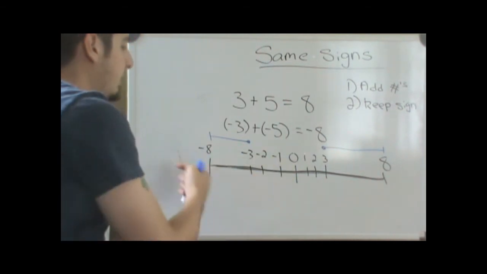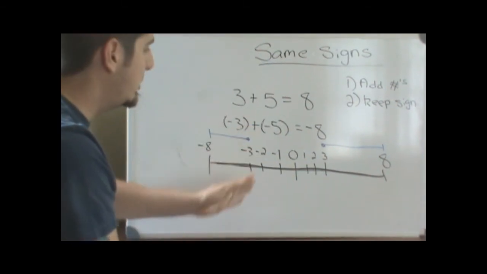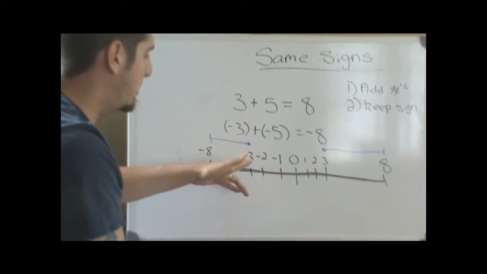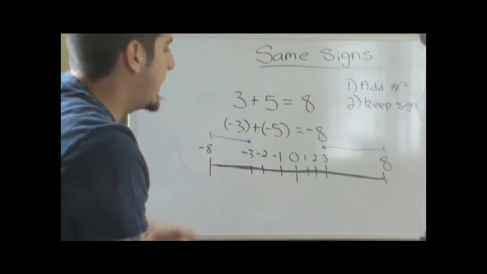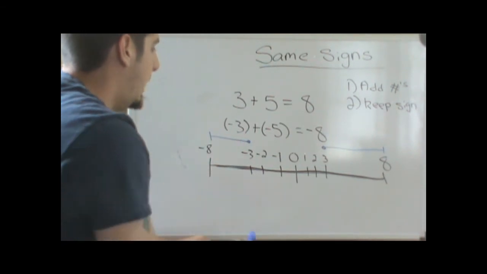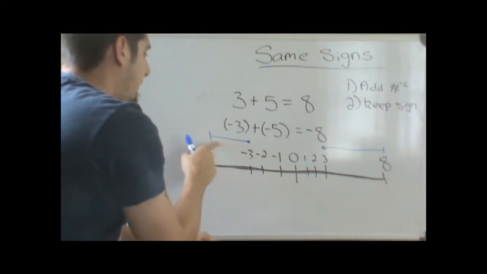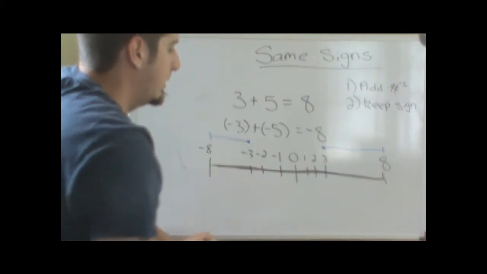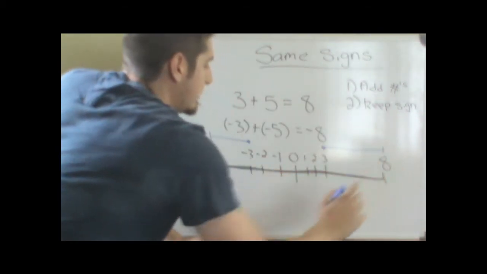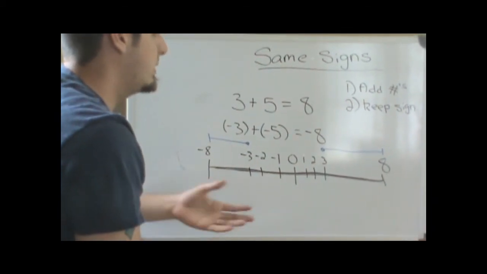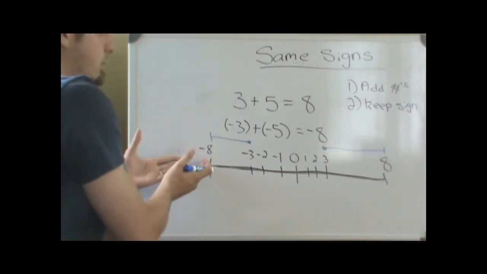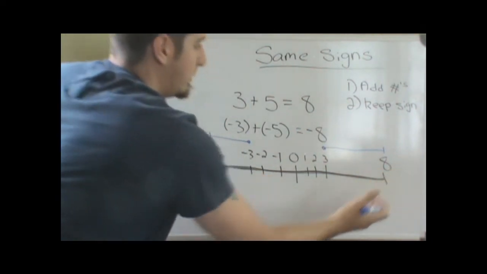As you move to the left, the numbers are going up. We still go from 1 to 2 to 3 to 4 to 5, etc. So the numbers move up in the same order. So as you move from negative 3 left 5 spaces, it's going to mimic moving right 5 spaces on the right side from positive 3. The only difference is your numbers are going to be negative over here, positive over here.